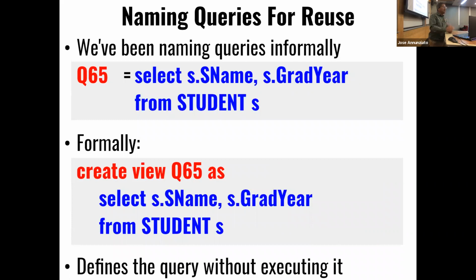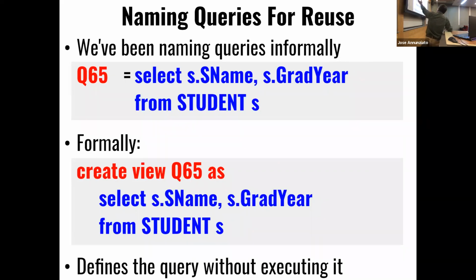So we've been using views all along, right? Wherever you've seen this Q65, Q13, Q whatever, all these examples that we've been looking at for the last couple of weeks, right? They just have been views all along, right? So before, Q65 was equal to select S name, graduating year from student. Now we can actually create one.